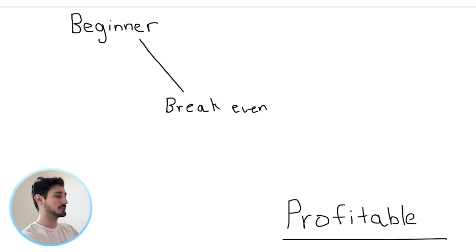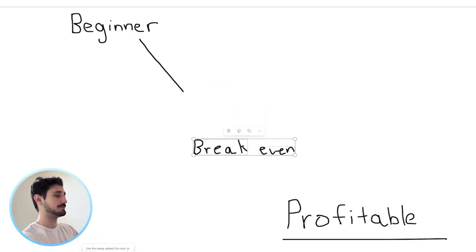So honestly, we should move this. 70%, it's more like down here, right? If you're able to consistently not lose money and consistently break even, you are like 70% of the way there to being a profitable trader, all right?